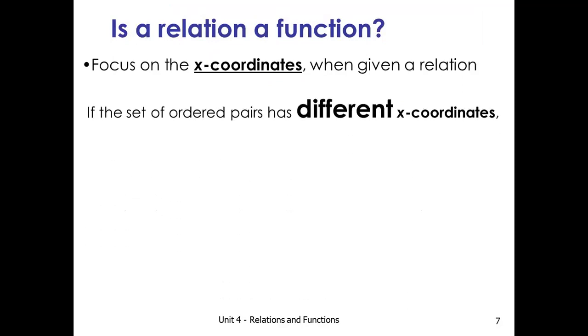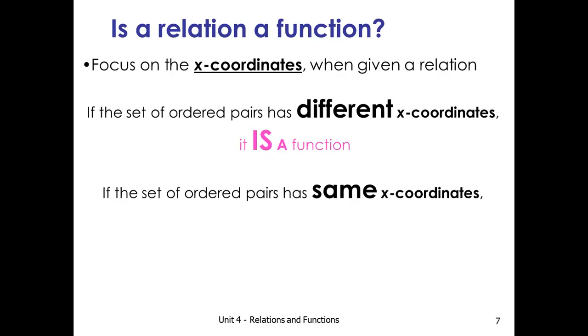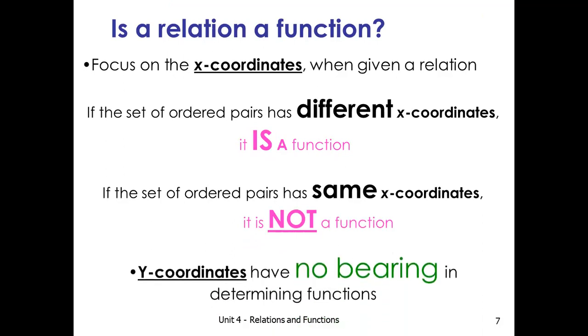When given a relation, if the set of ordered pairs has different x coordinates, it is a function. If the set of ordered pairs has the same x coordinates, it is not a function. Y coordinates have no bearing in determining a function.